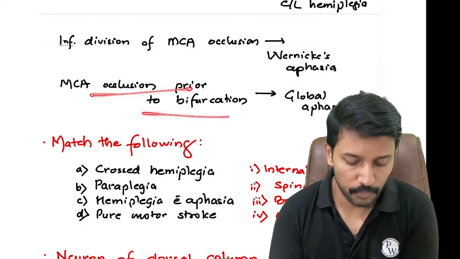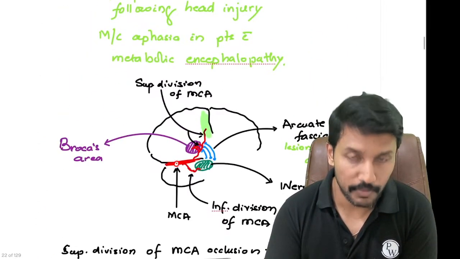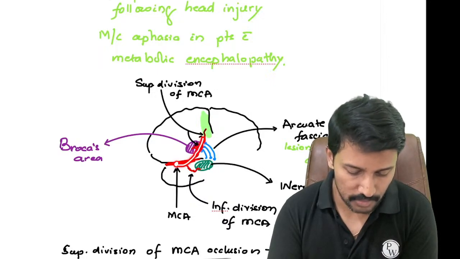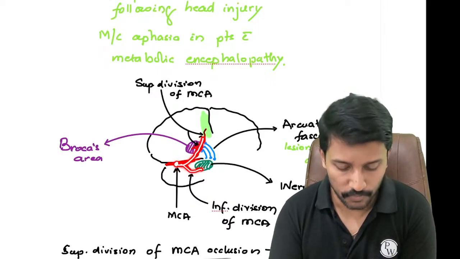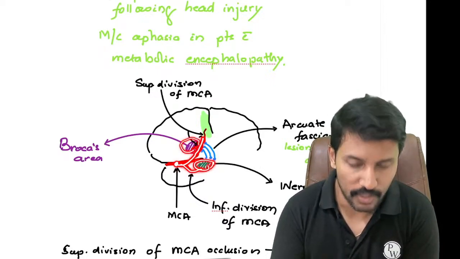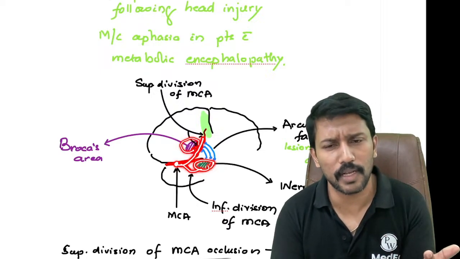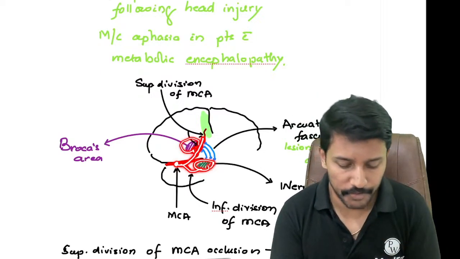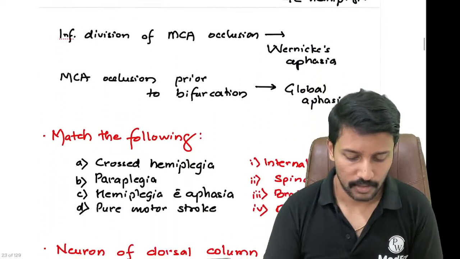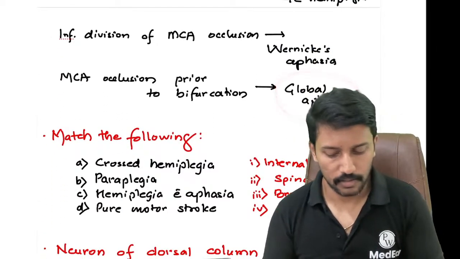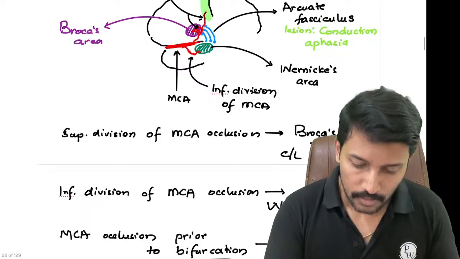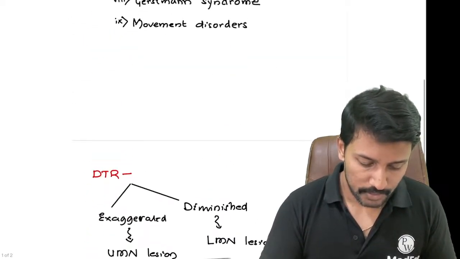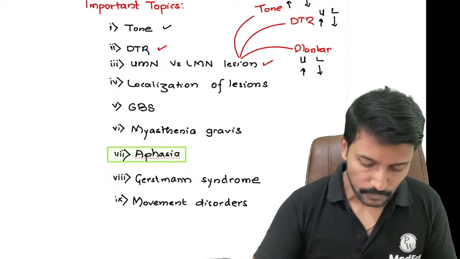But MCA occlusion prior to bifurcation, meaning here, if I block it here, neither the superior division nor the inferior is going to get blood supply. So I will have Wernicke's plus Broca's aphasia. That is what we call global aphasia. Fluency, comprehension, naming, repetition, all gone. Global aphasia plus contralateral hemiplegia. Clear? Okay. So that addresses our important topic, that is aphasia.